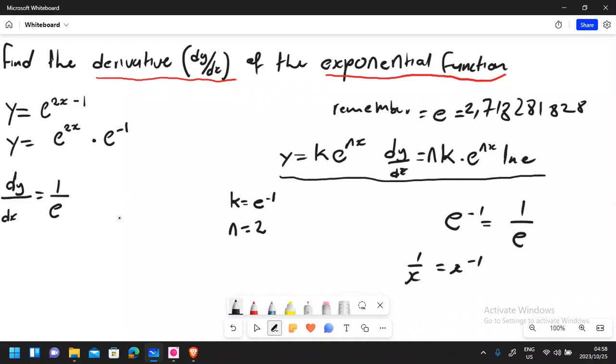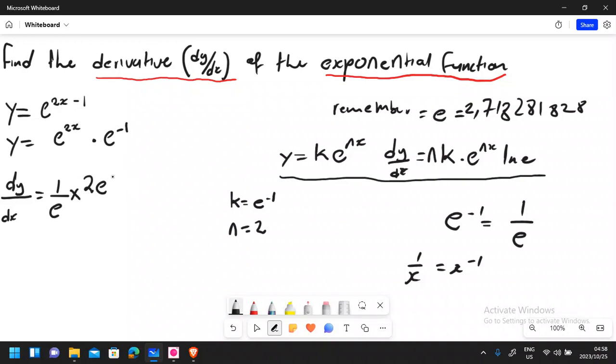Still remember this, I hope you still do. So from there, multiply by our n. Our n here is 2, as you can see, multiplied by 2, and then this is going to give us e to the power of, now you write everything as it is.